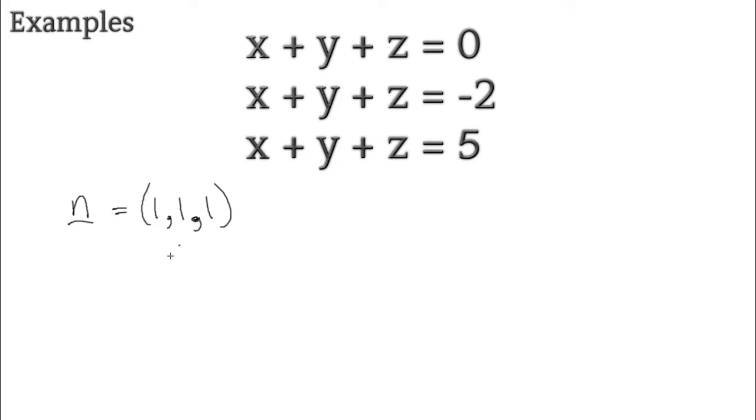Since the normals are the same, they are all parallel to each other. So we have three parallel planes, as we talked about last video with three parallel lines that never touch each other. These three symbolize the relative location to the origin.